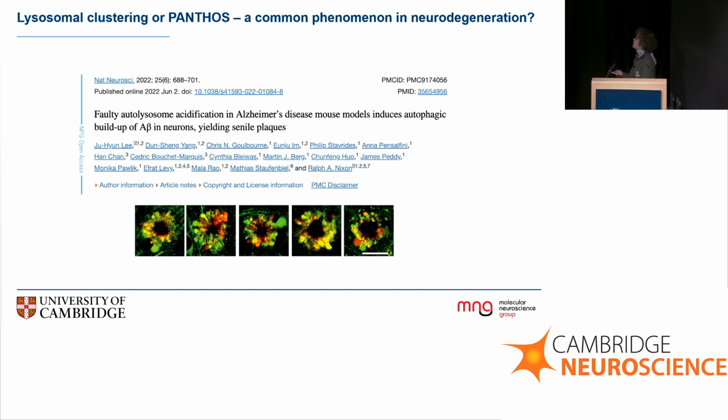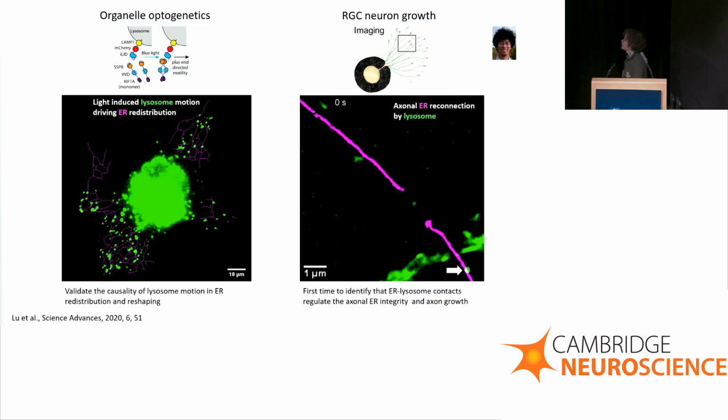Okay, so I'm taking a little step back here. What we have previously shown in a study published recently in Science Advances is that the lysosomes play a really important role in distributing the tubular ER to the periphery of the cells.